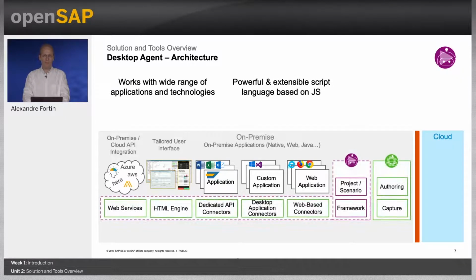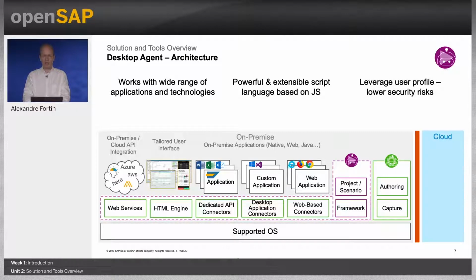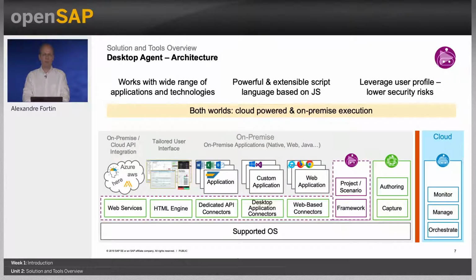To do so, the agent is using a powerful and accessible script language based on JavaScript. For each technology, connectors have been developed to work as close as possible with them. The agent will simply leverage the user profile, the Windows credentials. Once installed, administrator privileges are never required.